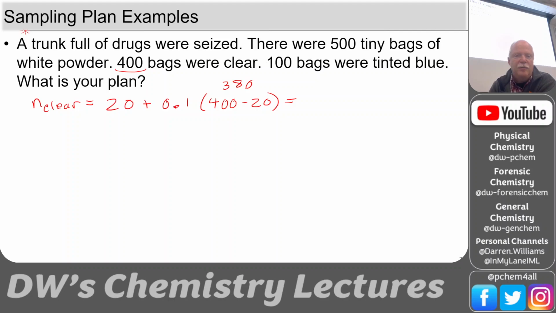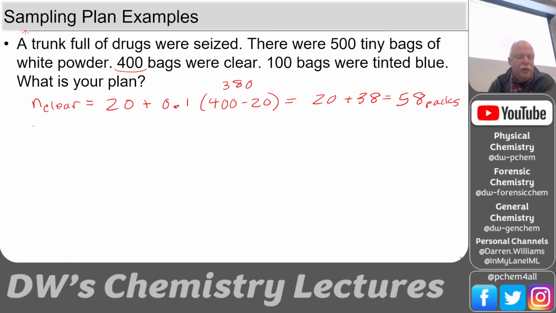So 380 times 0.1 is 38. So it's 20 plus 38, so that's 58. So we would test 58 packs out of the 400, which is again more than 10%. 10% would be 40 packs, okay?